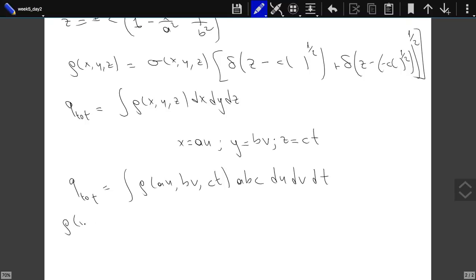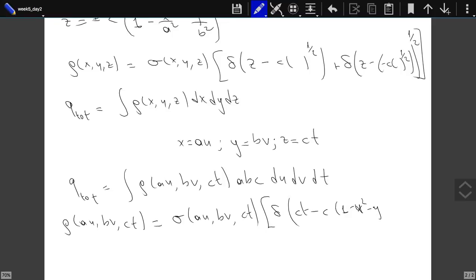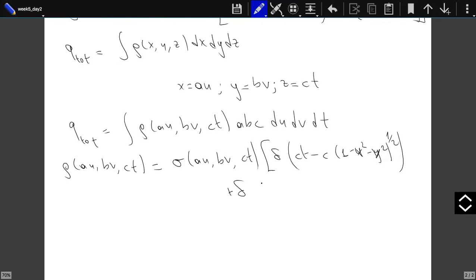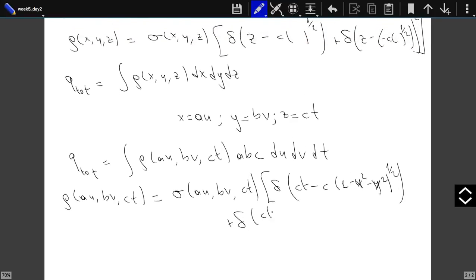Now, if you write the expression for rho of au, bv, ct, this would be sigma of au, bv, ct, whatever the expression is, times the Dirac delta. Well, z is now ct minus c times the square root of 1 minus u squared minus v squared, plus the other Dirac delta, which would become ct plus c times the square root of 1 minus u squared minus v squared.